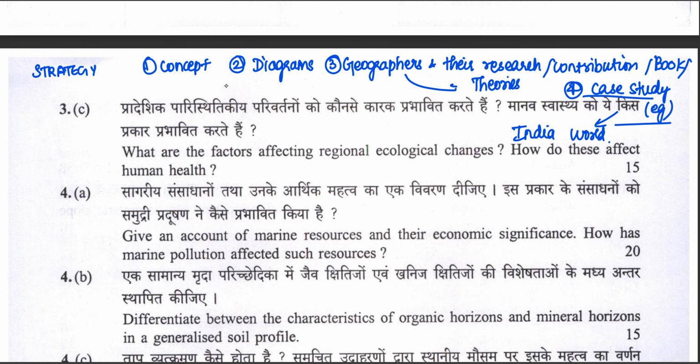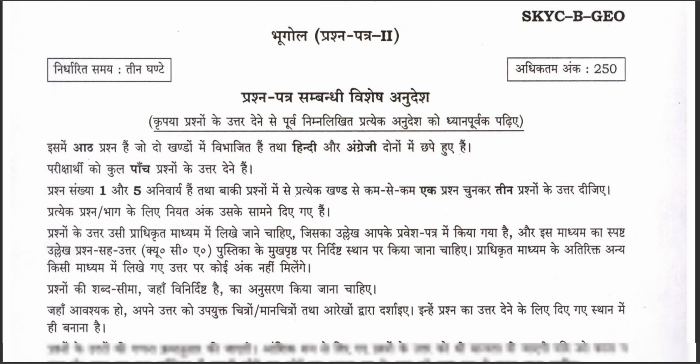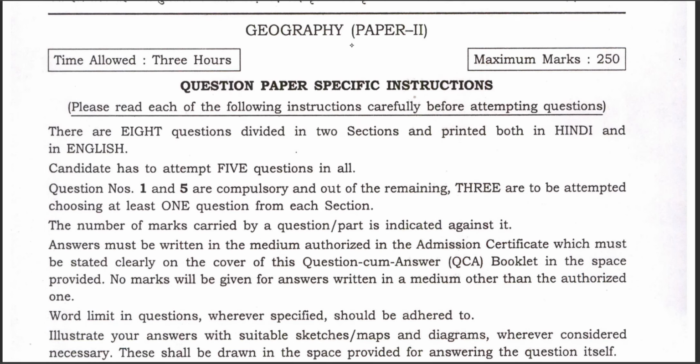This is paper 1. When we go to paper 2, it is slightly different. We have 10 topics again in paper 2, right? 10 topics are present in paper 2. Now, there are 8 questions divided into 2 sections. Candidate has to attempt 5 questions in all. 1 and 5 are compulsory and the remaining 3 are to be attempted, choosing at least one from each section.